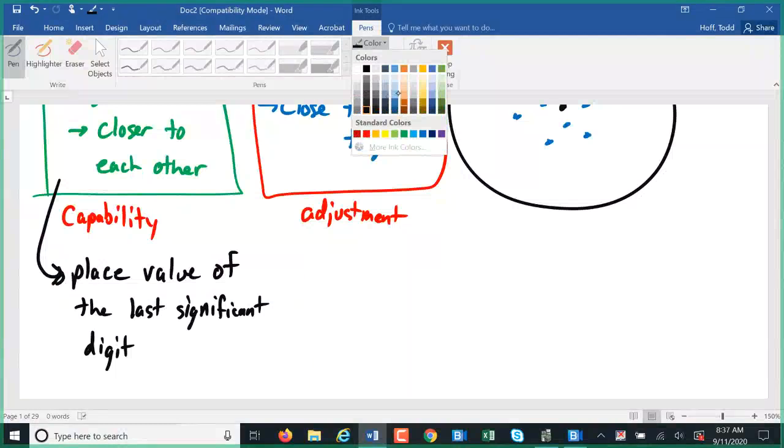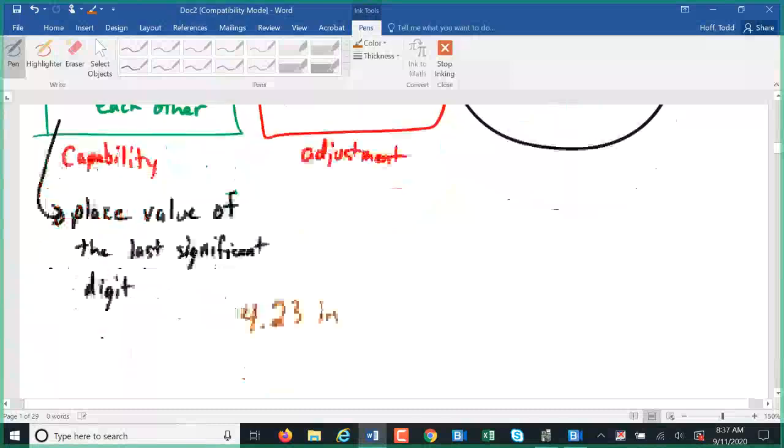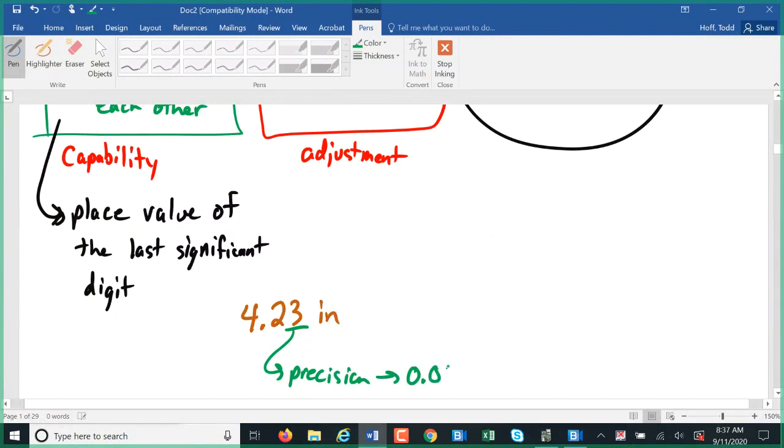So in a number like 4.23 inches, the precision is to the nearest 100th of an inch. That's that place value of the last significant digit.